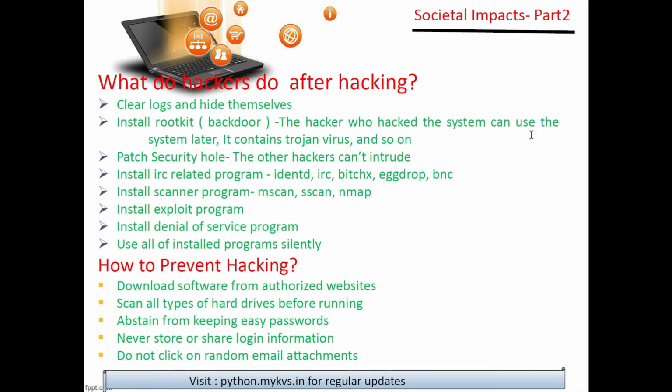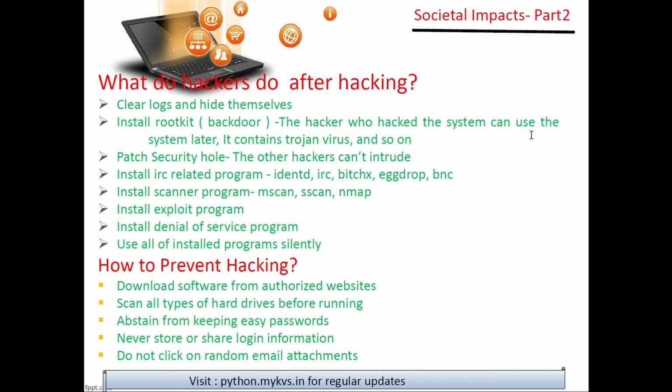Now, how to prevent hacking. Download software from authorized websites only. Scan all types of hard drives before running. Abstain, meaning keep yourself away from storing easy passwords, like abcd1234. Don't keep this kind of password.